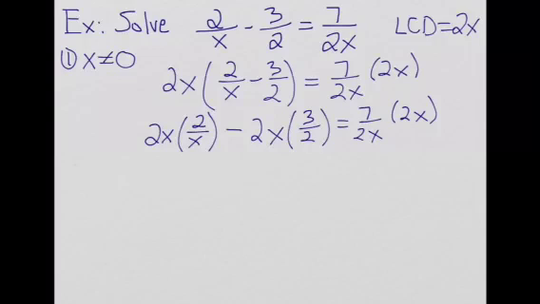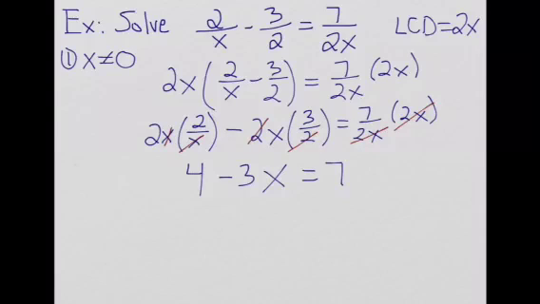On 2x times 2 over x, the x's cancel each other out and we just get 4. Then the next one, 2x times 3 over 2, my 2's cancel, and we're just left with minus 3x. And on the last one, the 2x's cancel each other out, and there we're just left with 7. So after we multiply through by the LCD, your fractions should clear out, and that's exactly what happened.